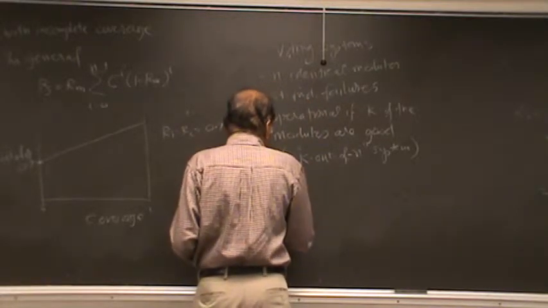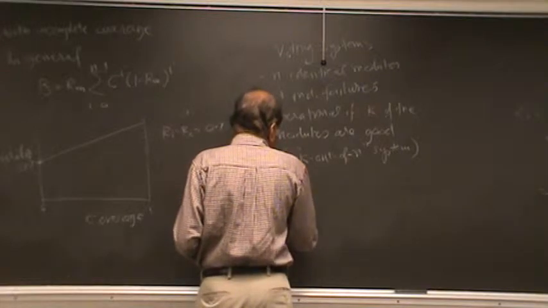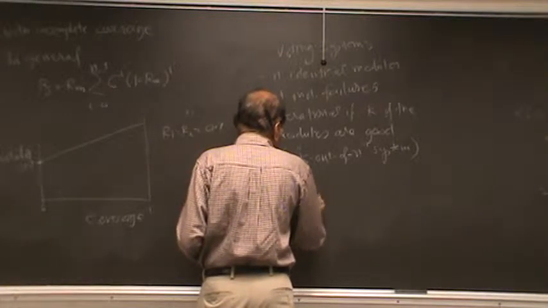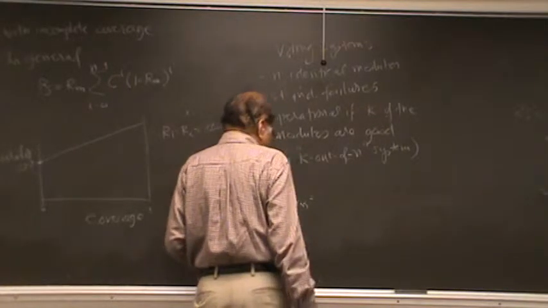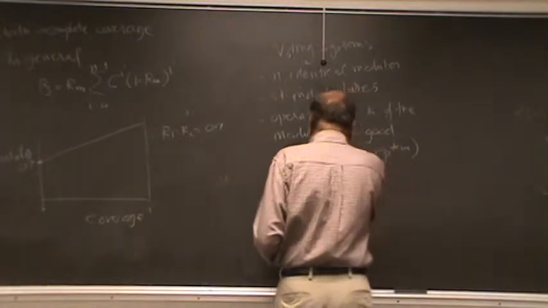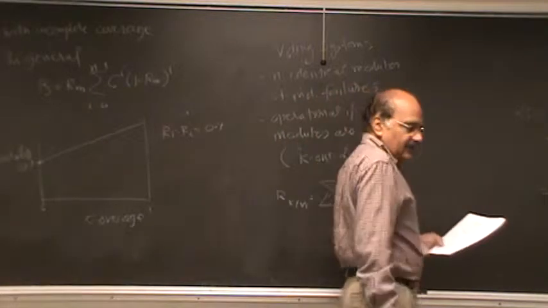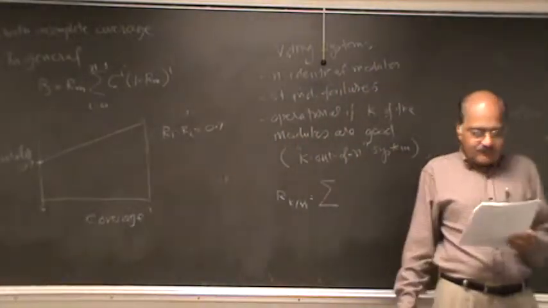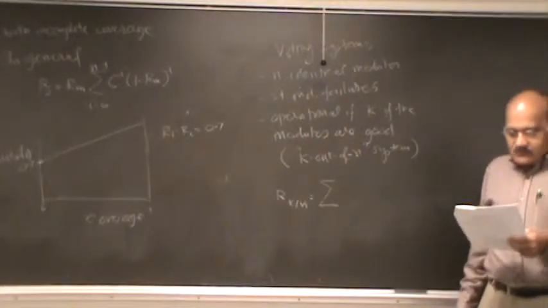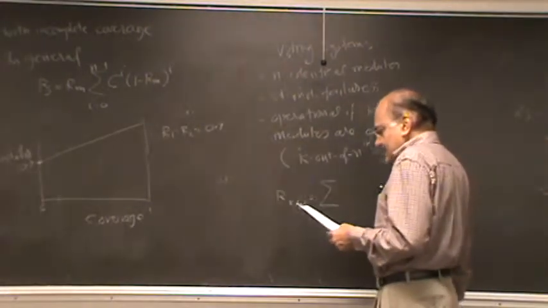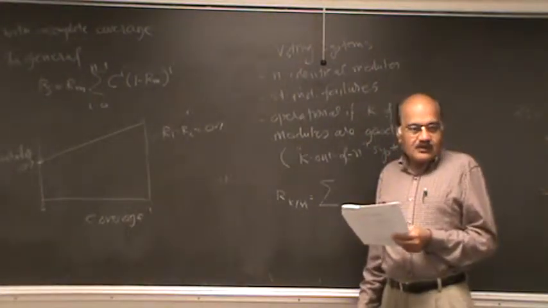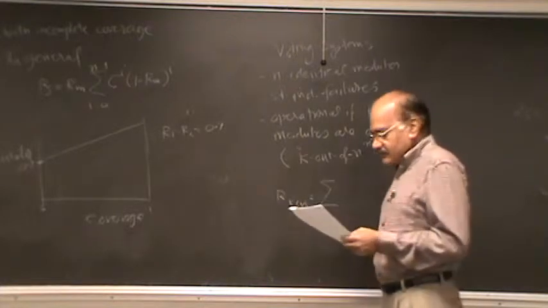So the reliability of a K out of n system is given by the probability of all the separate cases for which K or more of the modules are good.